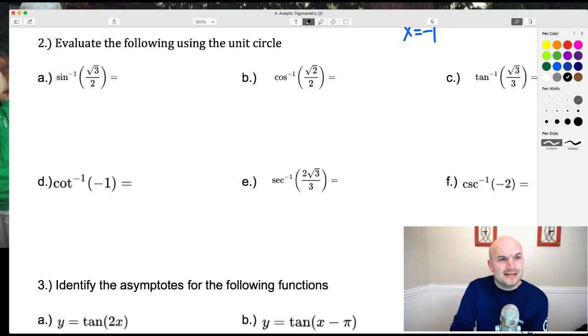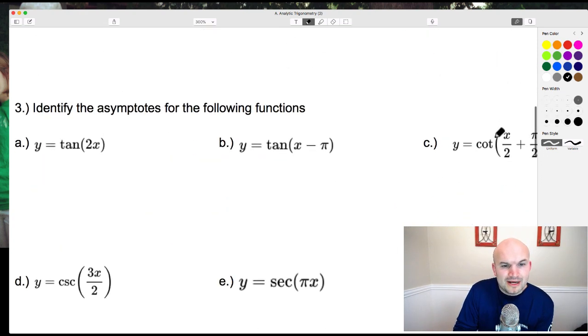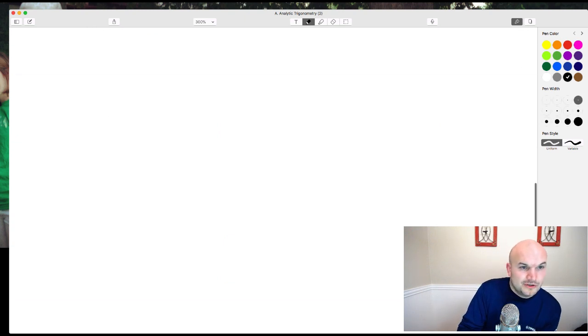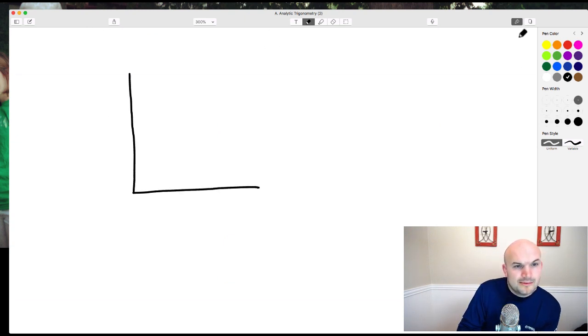All right, so let's go into evaluating the trigonometric functions. Remember, guys, evaluating the trigonometric functions is all about understanding the unit circle. So I'm just going to do a quick little sketch of at least the first quadrant here.